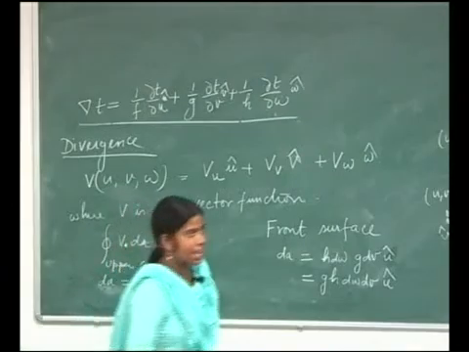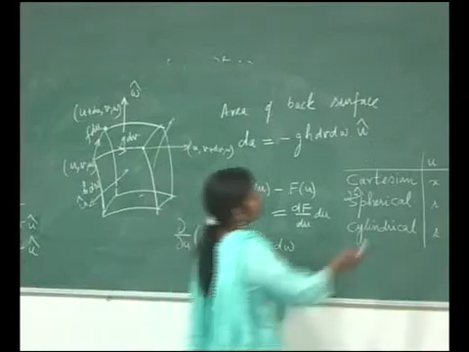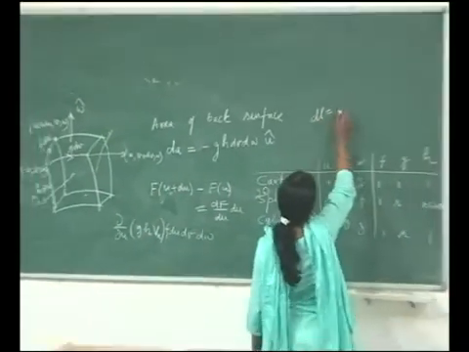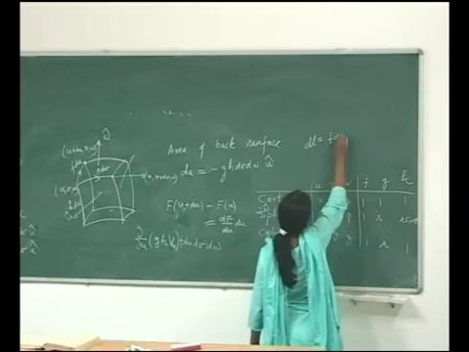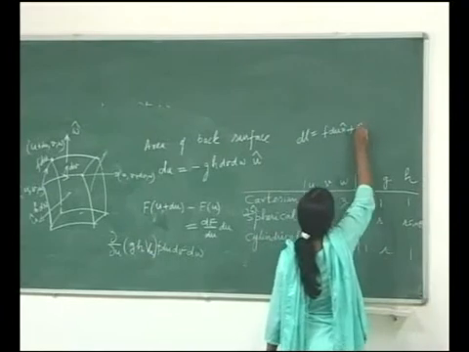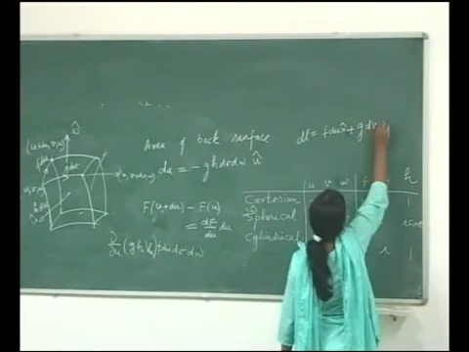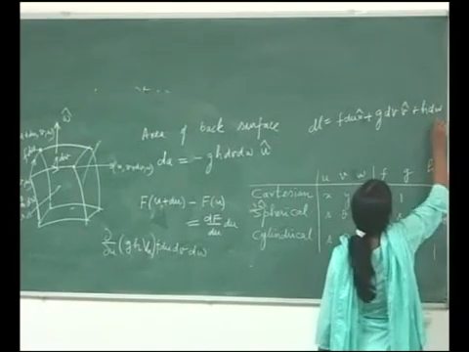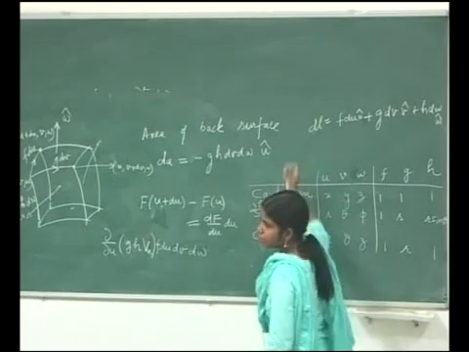If I take a small displacement vector dl, then it is written as f du u cap plus g dv v cap plus h dw w cap. This is the displacement vector.